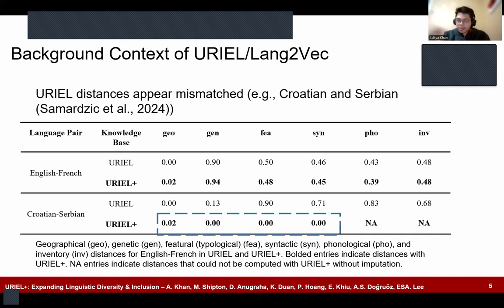URIEL Plus improves upon this. We report them as having basically the exact same typological features, with a distance of exactly 0. That shows that Croatian and Serbian should be almost the same typologically, and we reflect that within the URIEL Plus knowledge base, which is our contribution.